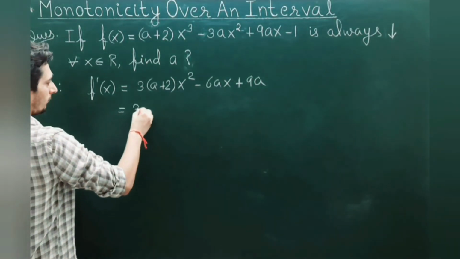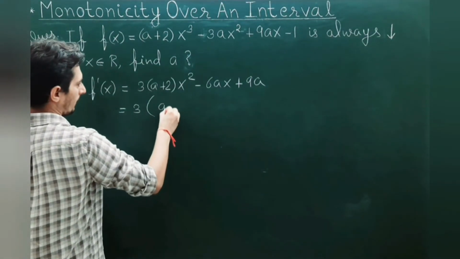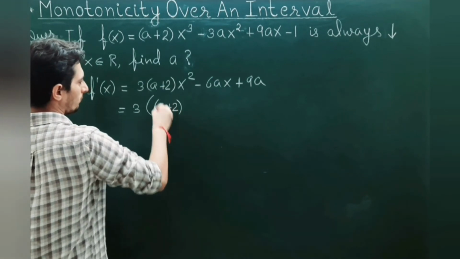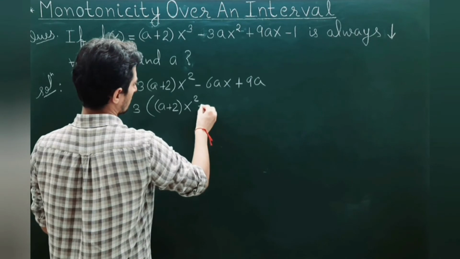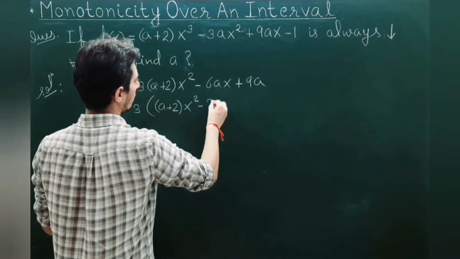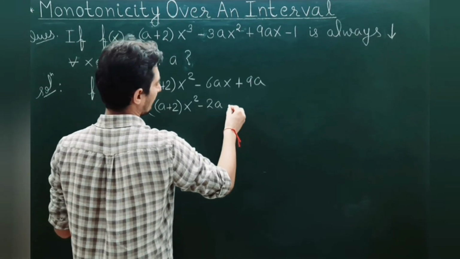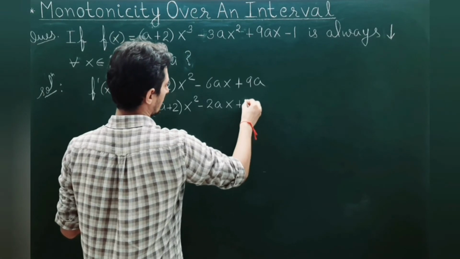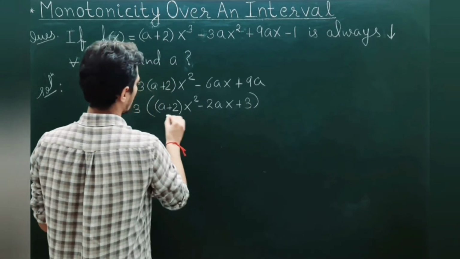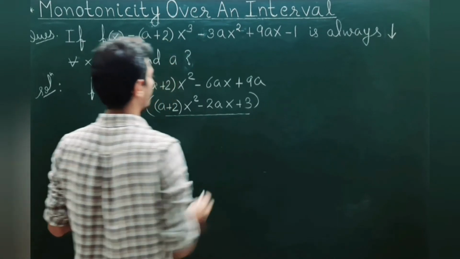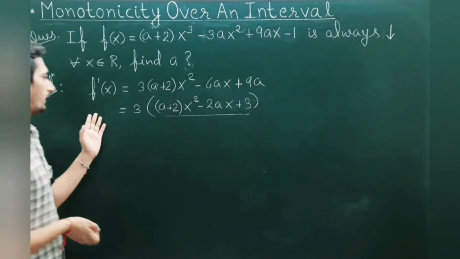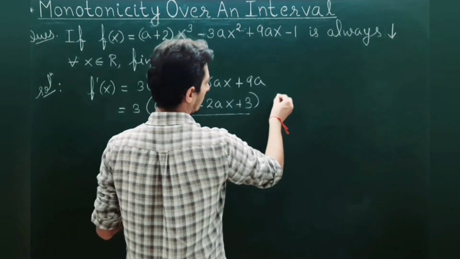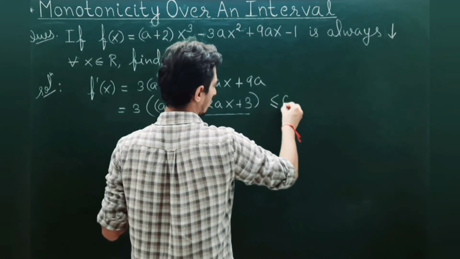By taking this 3 common, I have (a plus 2)x square minus 2ax plus 3. Okay, so I need f(x) to be always decreasing, so therefore the derivative must be always less than or equal to 0.